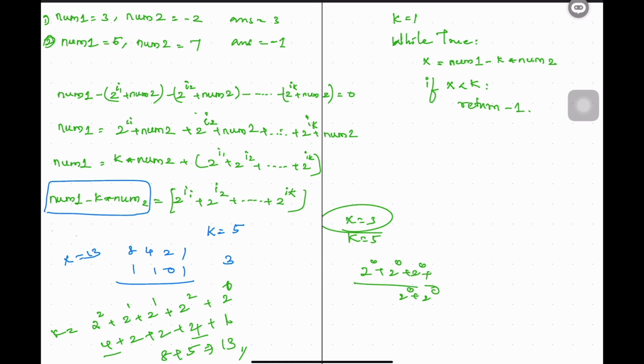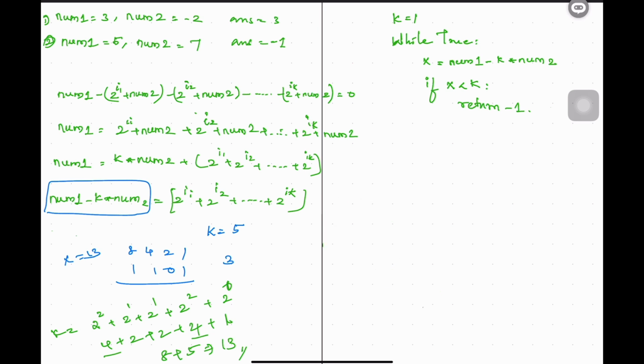So if we have not been able to form it with k equals to 1, 2, 3 and 4, and we have reached k equals to 5 while x equals to 3, even if you put i as 0, our value will still be 5. So increasing k to 6 doesn't make any sense. That's why in that case we'll return -1.